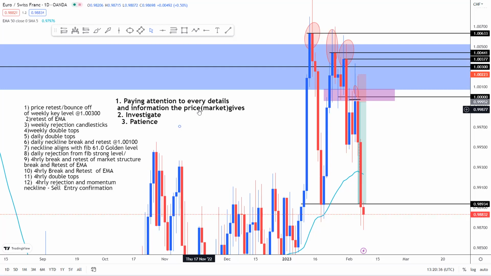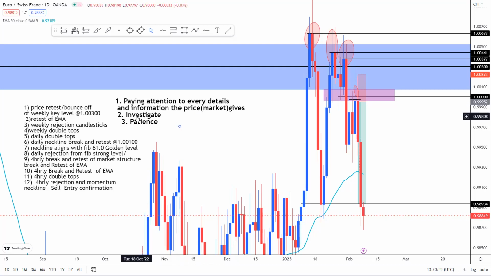You have to understand, guys, the market leaves us clues where it wants to head next. And as a professional trader, you want to pay attention to every one of these details.